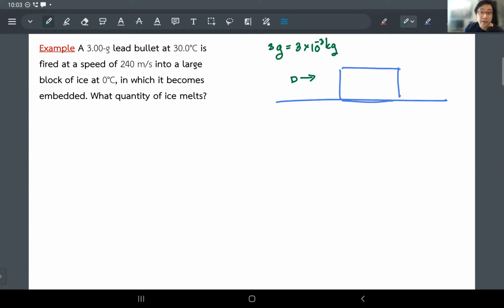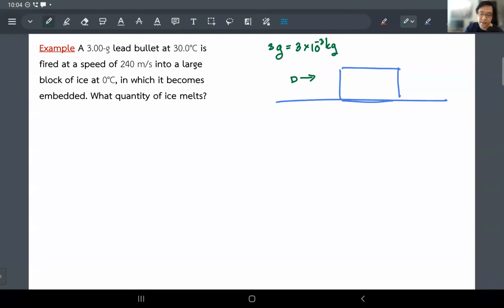Before, you didn't care about the temperature of the bullet. You probably had this kind of problem in a momentum calculation, with conservation of momentum, where you wanted to know the energy lost during the firing of the bullet, or how the bullet embedded in the ice block is going to move after the hit.